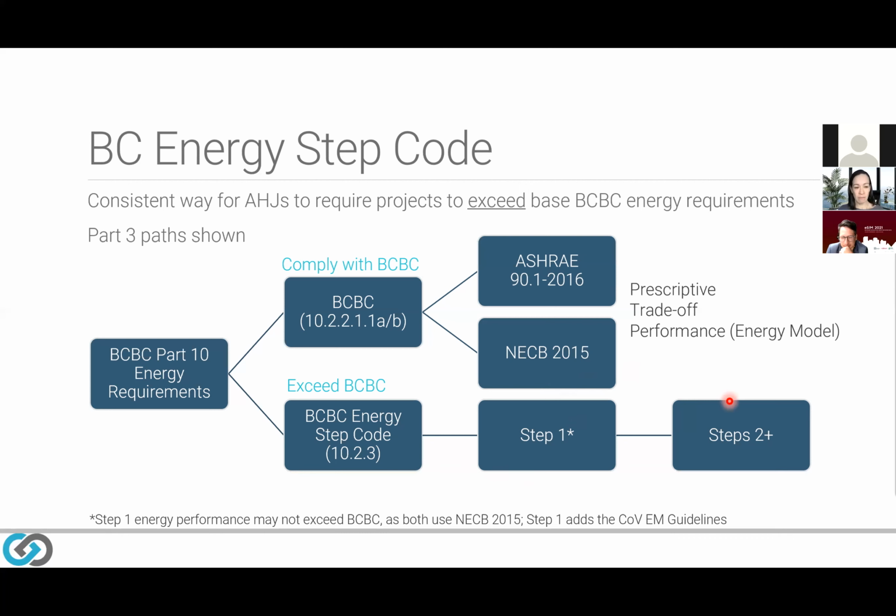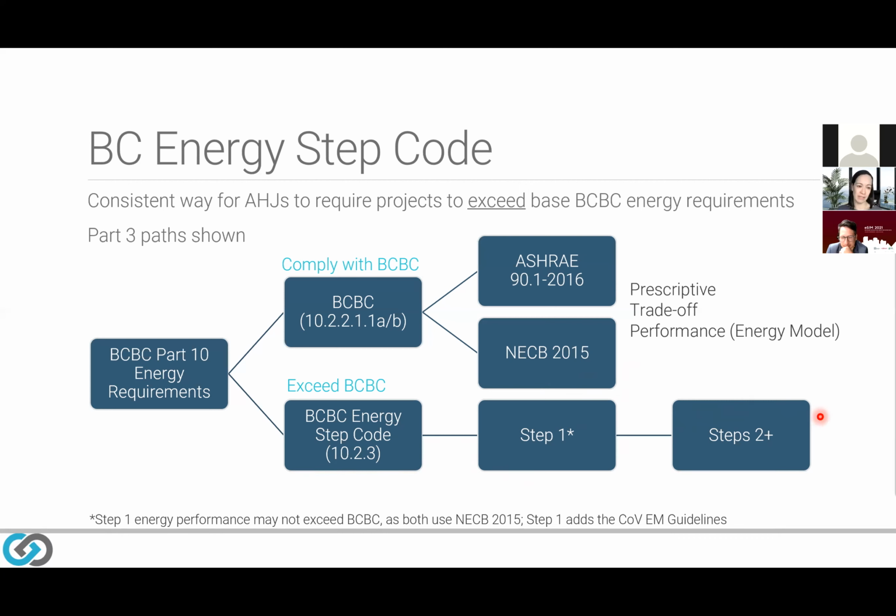But as the steps get higher, the code requirements become more stringent, and so the jurisdiction can adopt whatever step they deem appropriate. And at that point, that becomes mandatory for any new construction building in that location. But at least it's going to be consistent with any other jurisdiction that has also adopted that step.